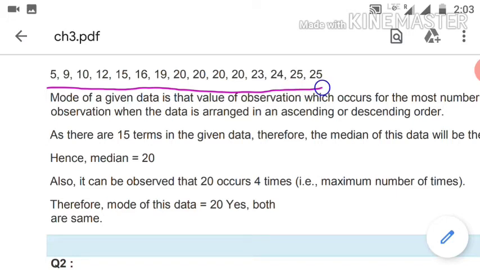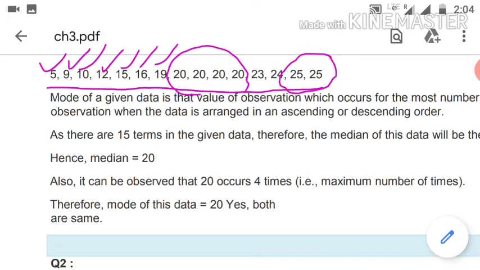Now how many 5s are there? Only one 5. How many 9? Only one 9. How many 10? Only one, isn't it? How many 12? Only one. 15 also only one. 16 is also only one time and 19 also only one student got. But 20, how many students got? 4 students scored 20 and 2 students scored 25.